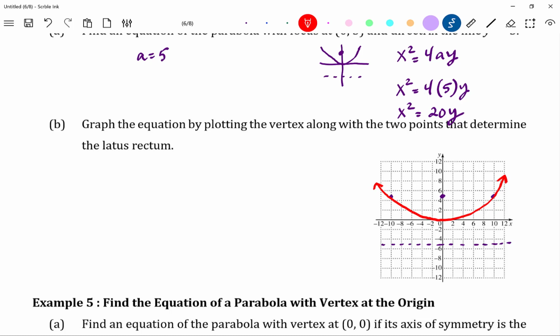The points that I'm plotting for the latus rectum are going to be at 10, 5 and negative 10, 5. And of course the focus at 0, 5, and the directrix is the line y is equal to negative 5.